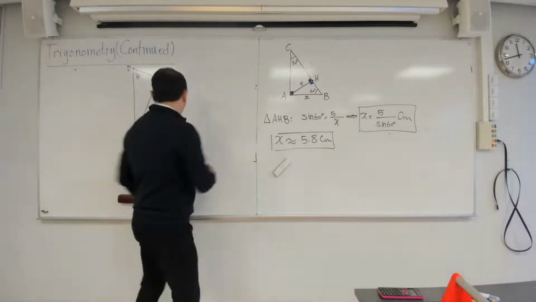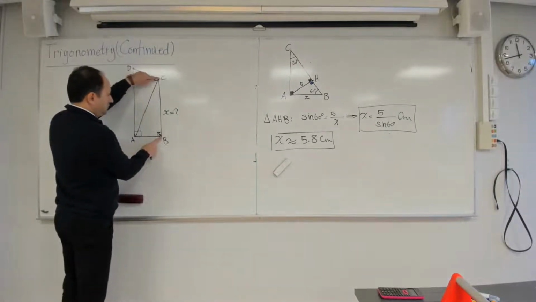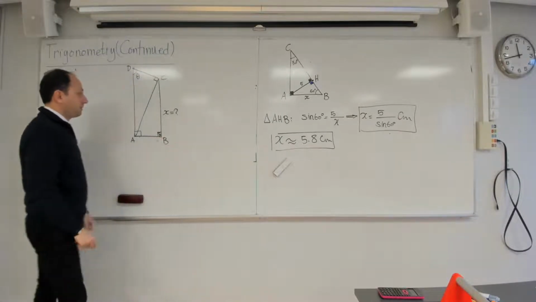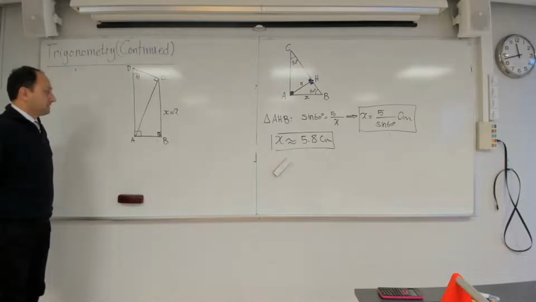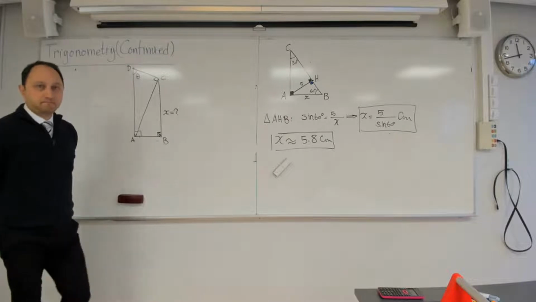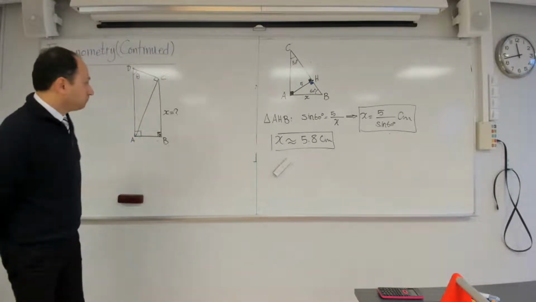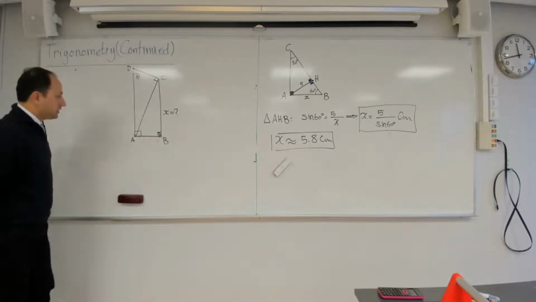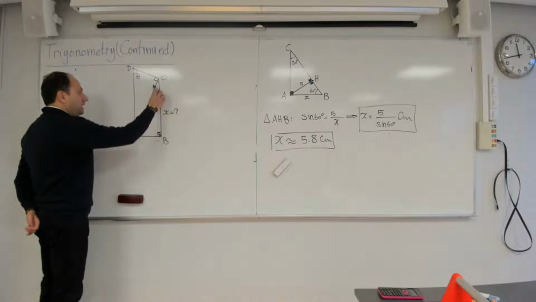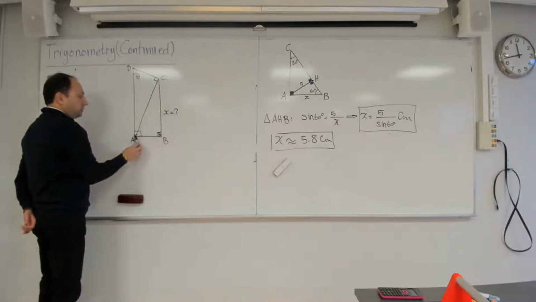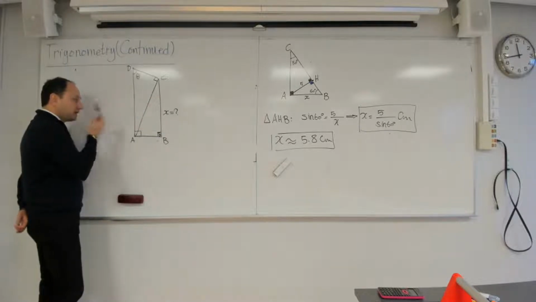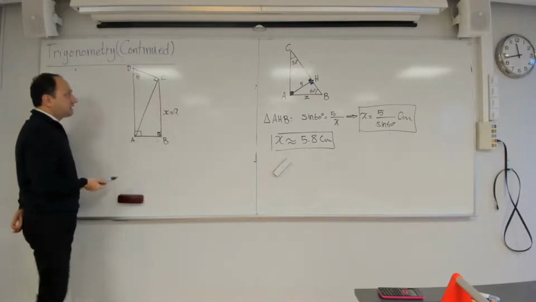X is from here to here, from B to C. Oh, okay. So somehow you have this experience that I need to know an angle here, because this x is the length of this side. Can I know something about one of these angles?